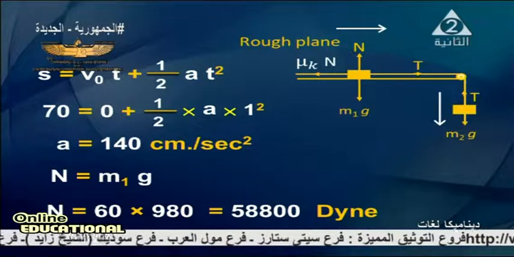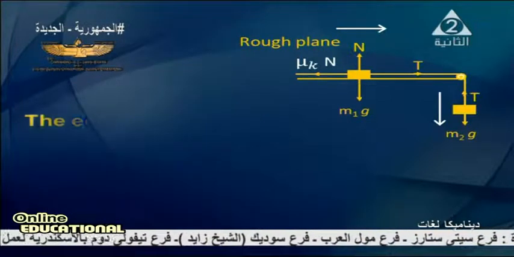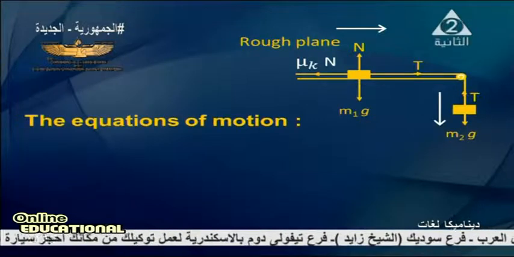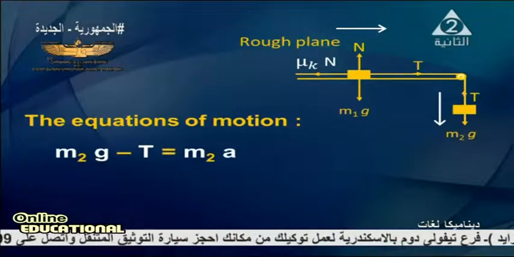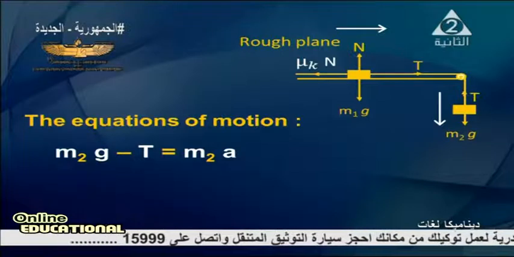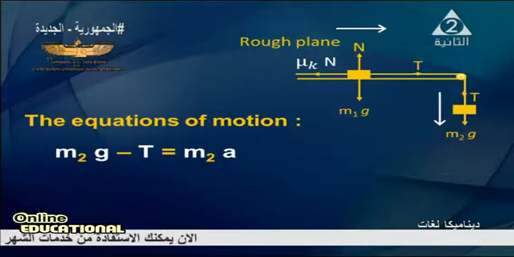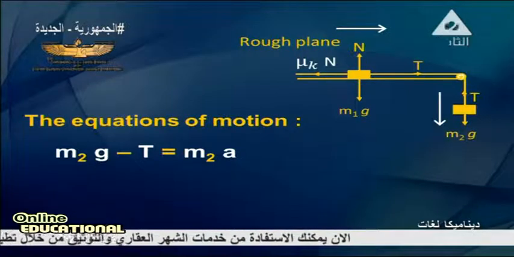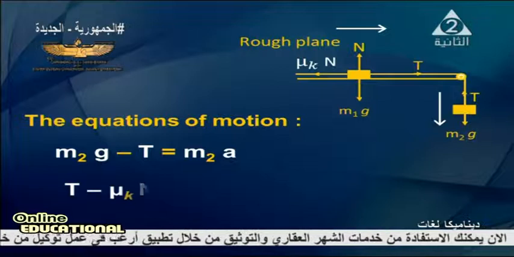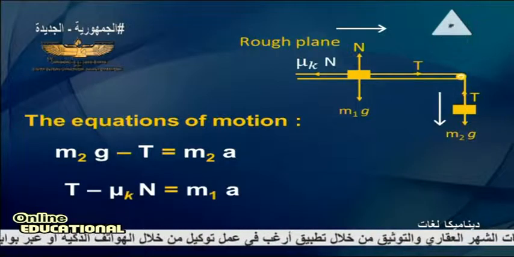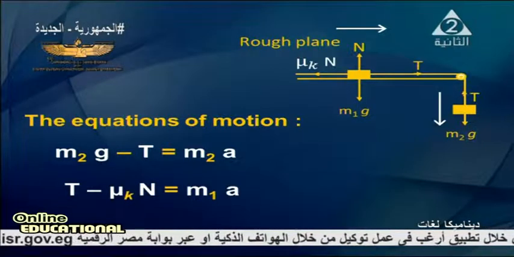Now what are the equations of motion of the system? The first equation: M2g minus T equals M2a, M2g minus the tension in the string equals M2a. About the body on the table, the tension T minus mu k n equals M1a.